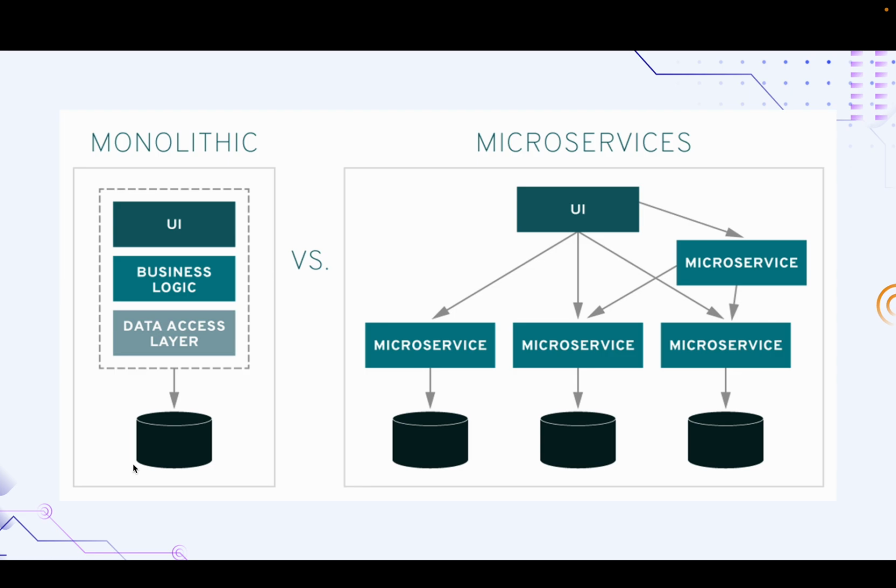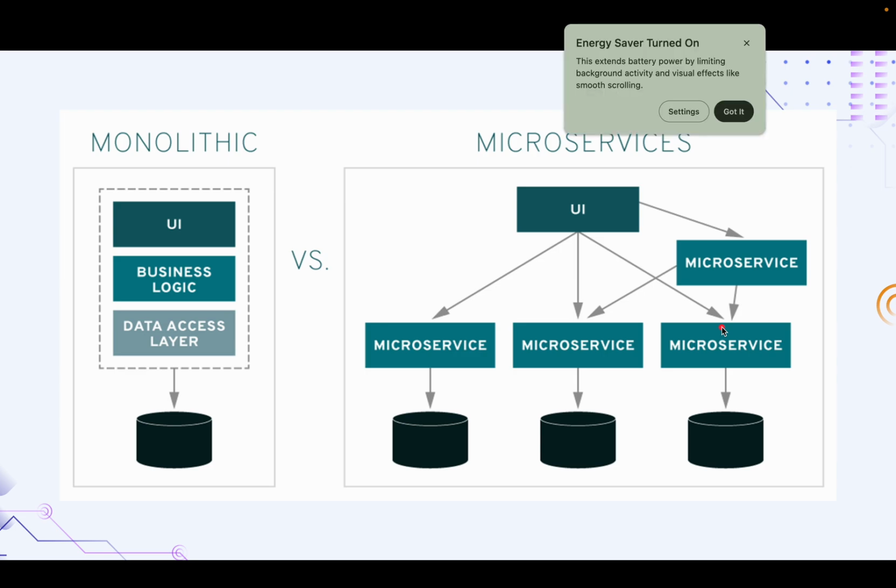However, microservices architecture is basically an application that is composed of multiple microservices. So these are multiple small independent services, and each of these services is responsible for a specific functionality, and they can be developed, deployed, or scaled independently.